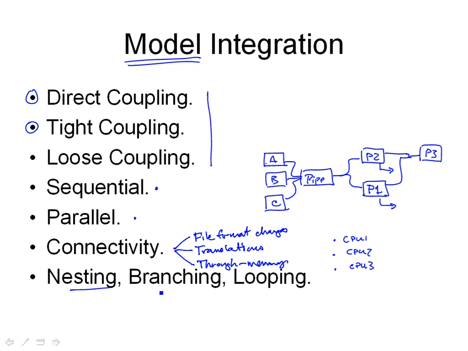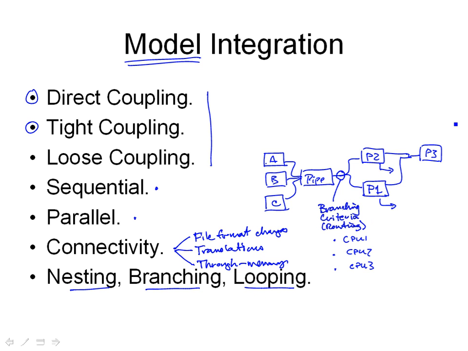Nesting, branching, and looping. At this point here, you may have branching criteria. Where to send this could be our routing problem. Manifold separation into the different here.